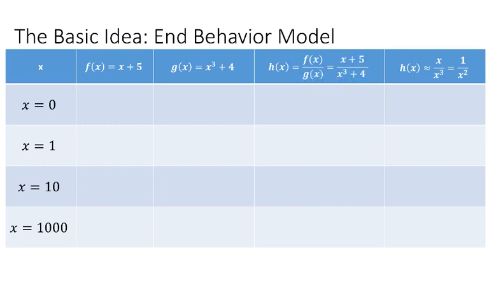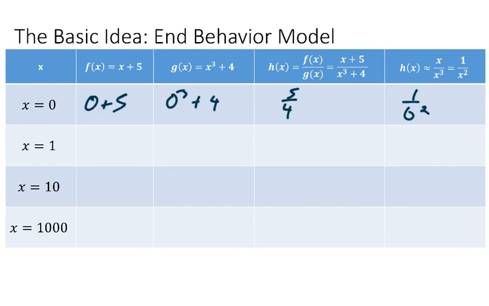Notice I've also got this function that h approximates. Let's just do these. So 0 plus 5, and 0 cubed plus 4, putting those together, that's 5 over 4. However, if I plug 0 into the approximation, this would be 1 over 0. That doesn't really work.